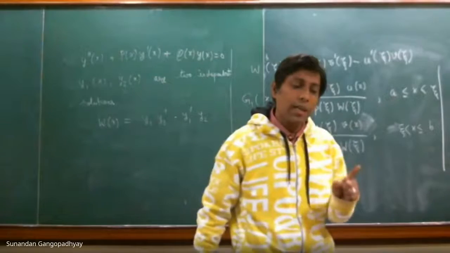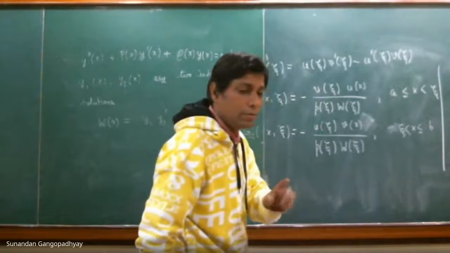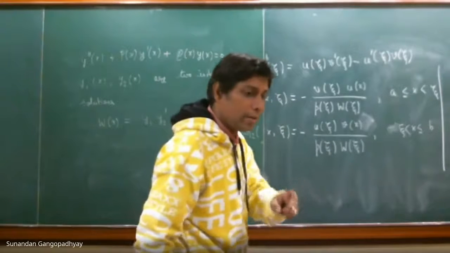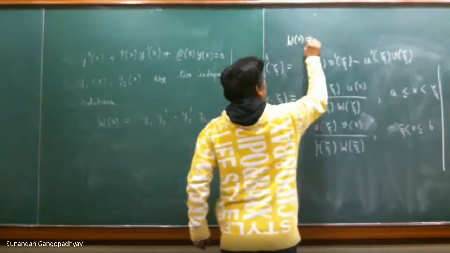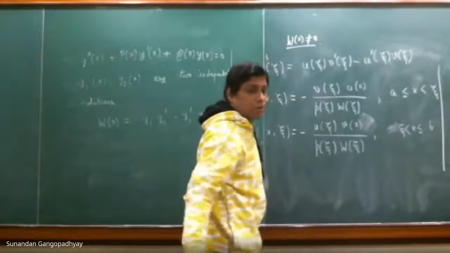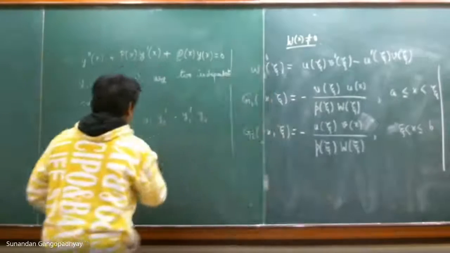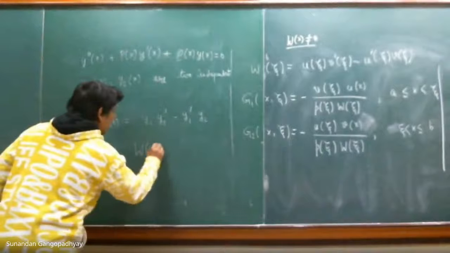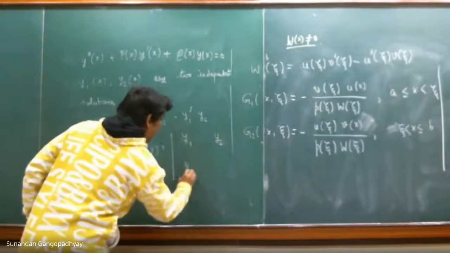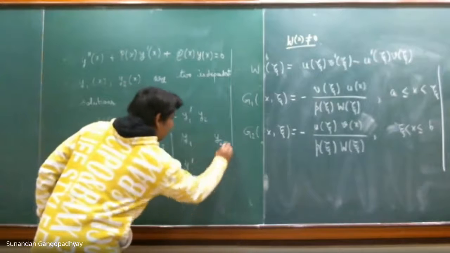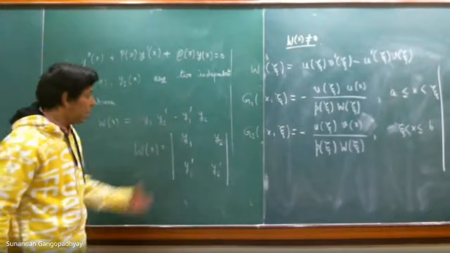If the solutions are linearly dependent, then the Wronskian will be equal to 0. The Wronskian has to be like this. It cannot be equal to 0. The Wronskian is basically formed out of y1, y2, y1 prime, y2 prime. This is the Wronskian by definition.